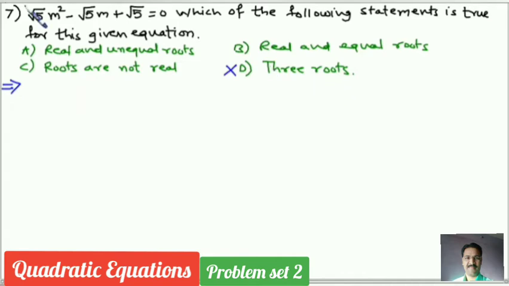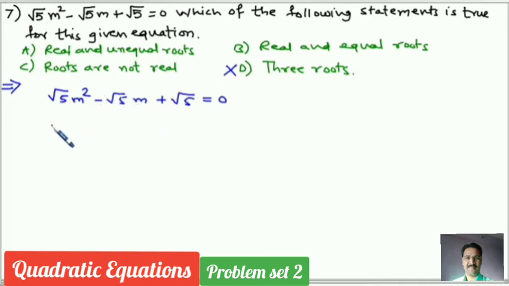Okay, now first of all we are going to write the given equation as it is. Now to choose which one is the true statement, we need the value of b square minus 4ac.